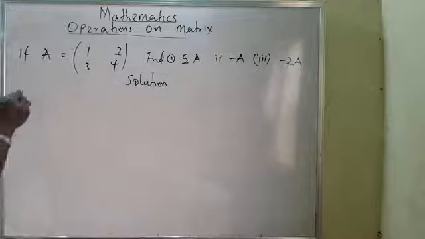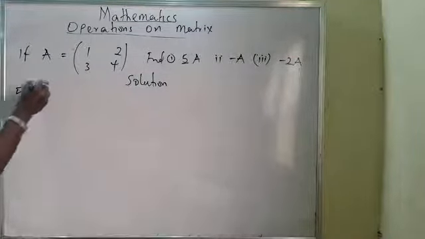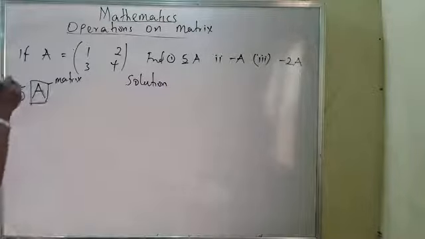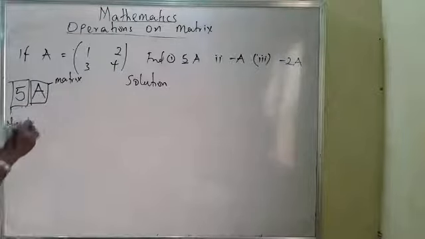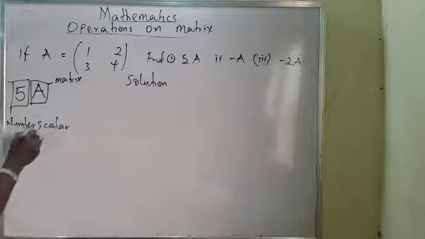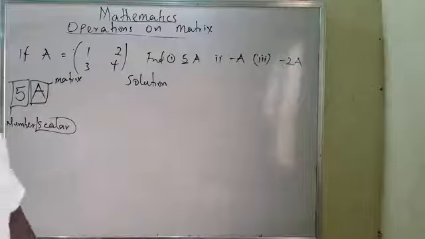Now, I have 5A. This is called a matrix, and this is called a number. Mathematically, we call it a scalar, a scalar value. Can you see? That is what I mean by scalar with matrix.